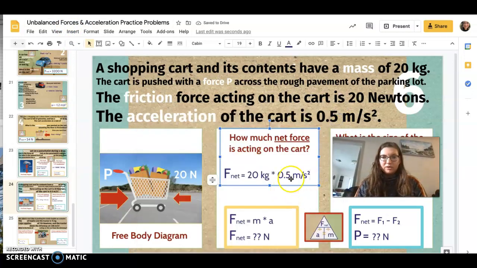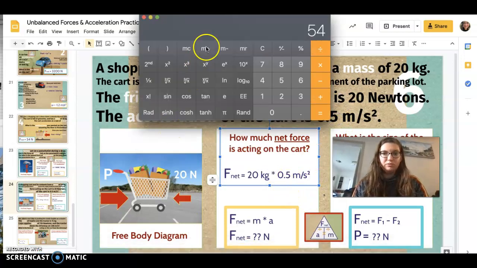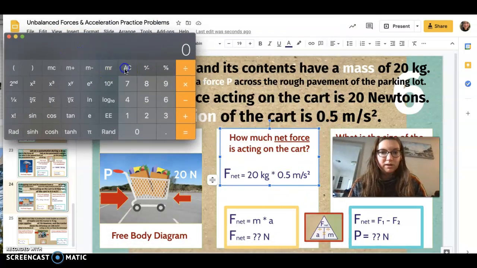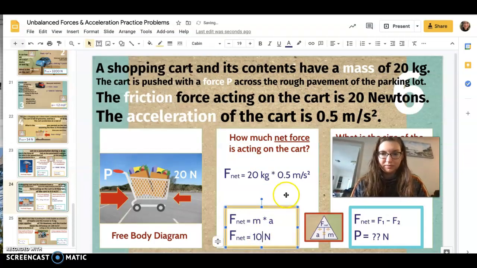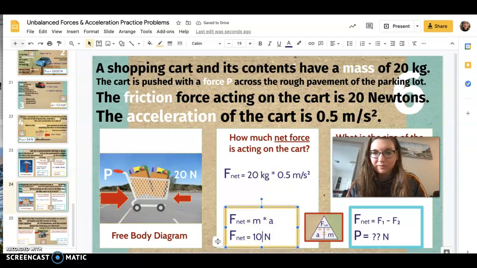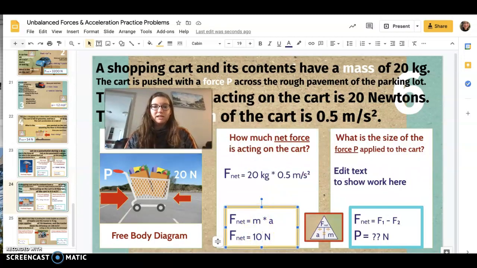Okay, so pulling up my trusty calculator, I'm going to do 20 times 0.5, which is 10 newtons. 0.5 means half, obviously, so half of 20 is 10. Okay, so now that is the net force that's acting on the cart.